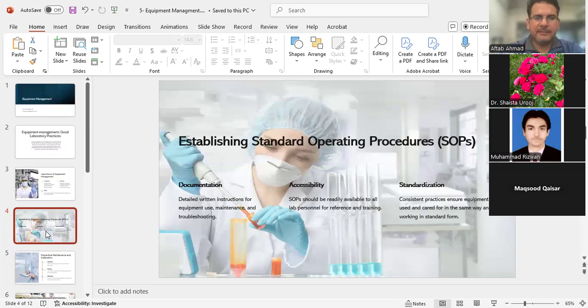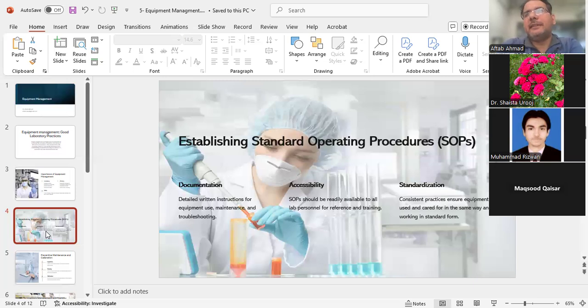In SOPs, the first important thing is documentation. We have documented all the SOPs. These are detailed written instructions for equipment use, maintenance, and troubleshooting. This lecture is specifically about equipment, so documentation of the equipment is also very important.